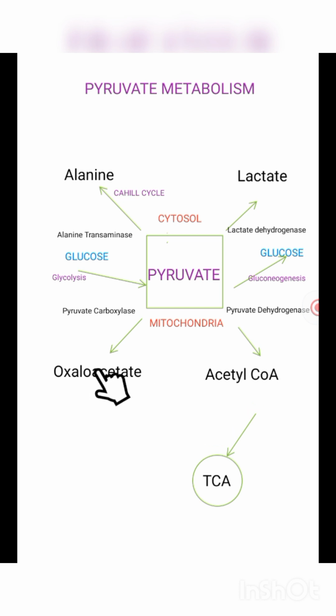We know how this happens. This is converted to malate, and malate shuttled into the cytosol. And also, we need to talk also about how pyruvate is decarboxylated to acetyl-CoA into the TCA cycle. So basically, that's what I wanted you to know for today.